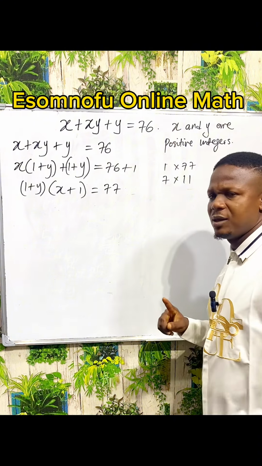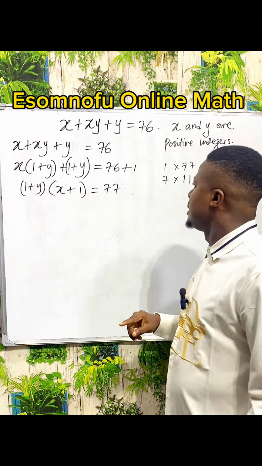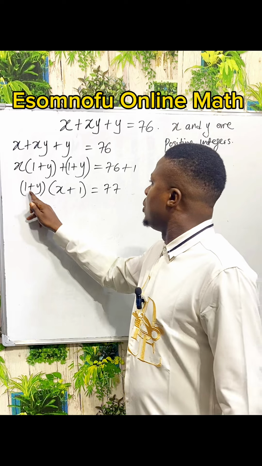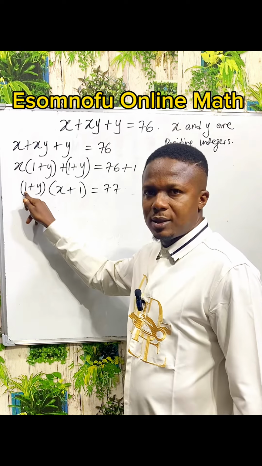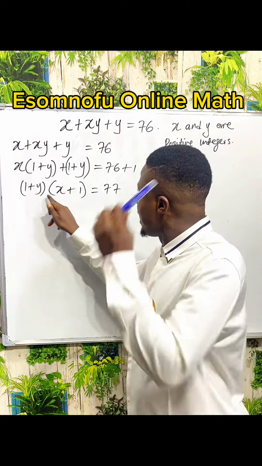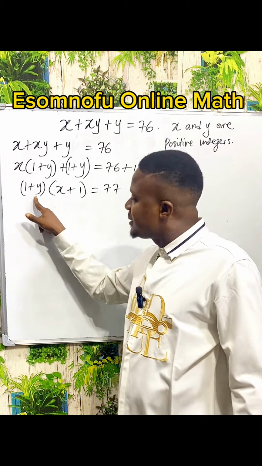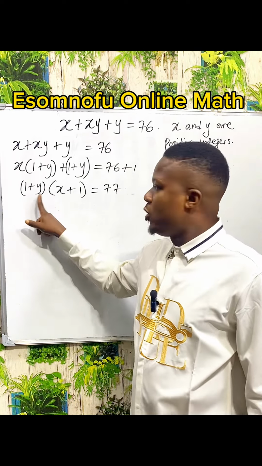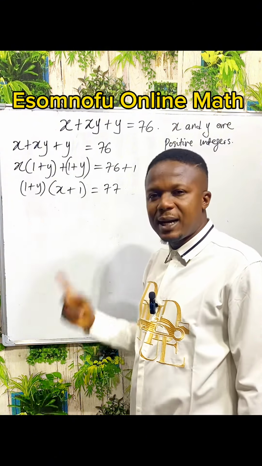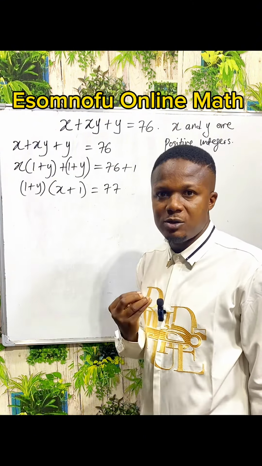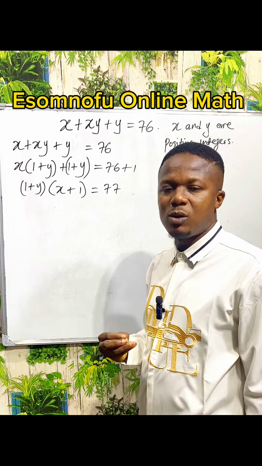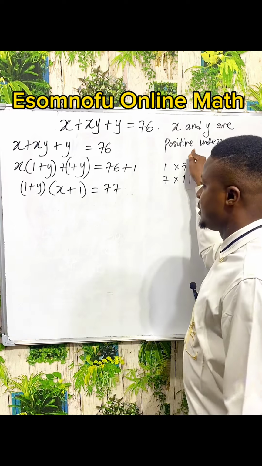But you have to know one thing here, that for y and x to be positive integers, it means that the least value y or x can take can be 1. The smallest value y and x can take can be 1 because they are all positive integers.